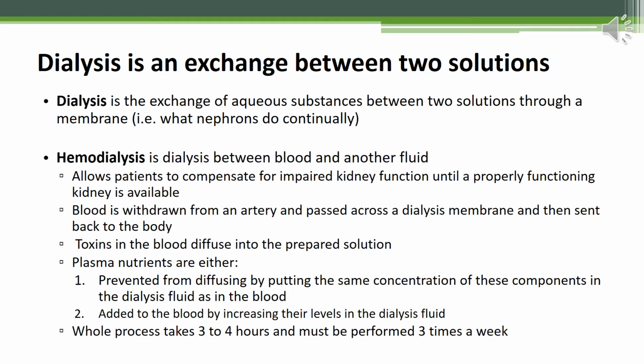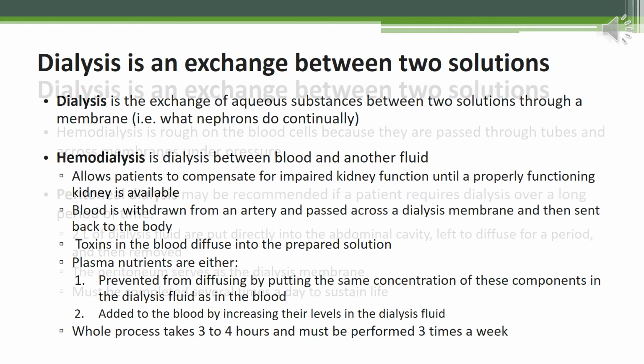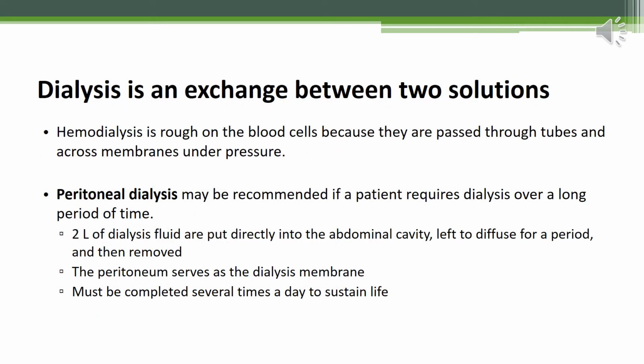And this whole process takes 3 to 4 hours, and it must be performed 3 times a week. So it's obviously a pain in the butt for patients, but what are you going to do? Hemodialysis is an exhausting and extensive process, and it's rough on the blood cells or erythrocytes and leukocytes because they are passed through tubes and across membranes under pressure.